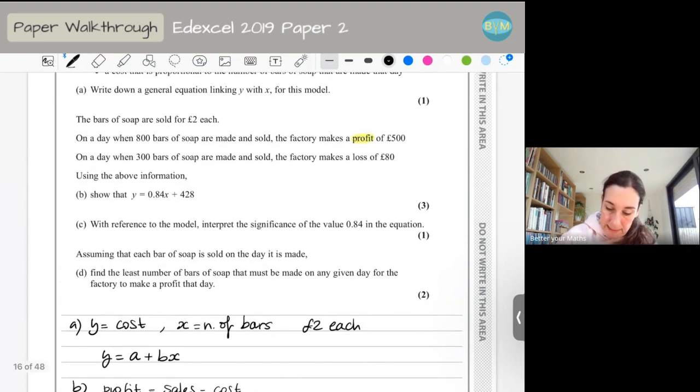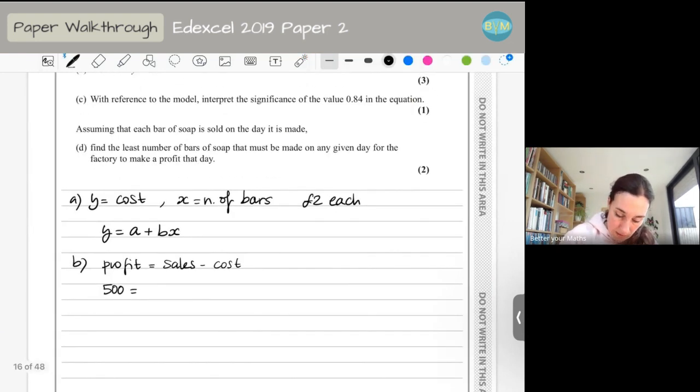They are selling 800 bars at £2 each, so that day they are getting £1,600. So that's all the sales, 1,600, minus the cost. And the cost is this one here, minus y.